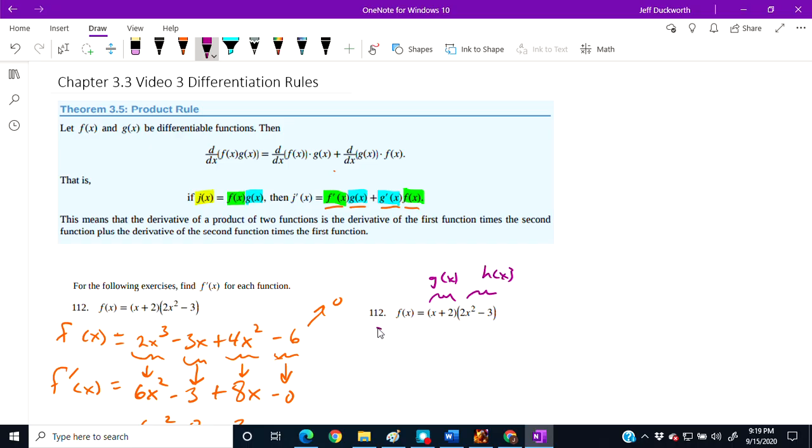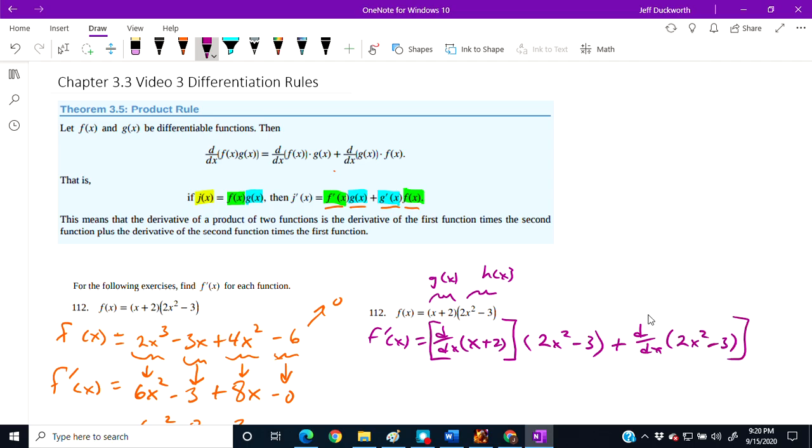So our derivative, f prime, will equal g prime of x, so the derivative of x plus 2, multiplied by the second function, the h function, which is just this 2x squared minus 3. Then we add the derivative of the second function, so d dx of 2x squared minus 3, times the first, which is x plus 2.